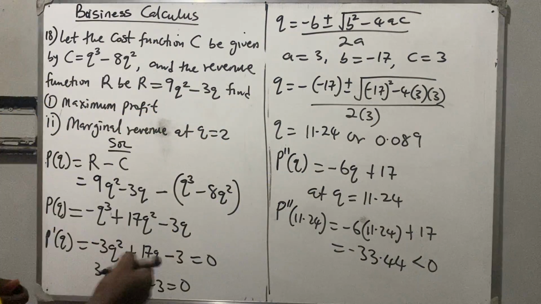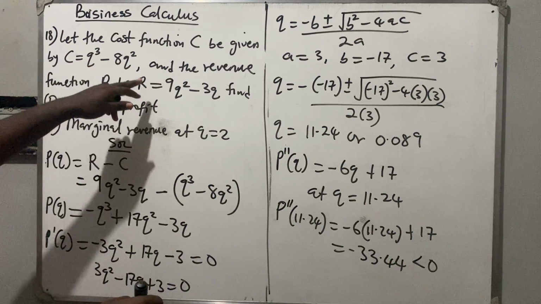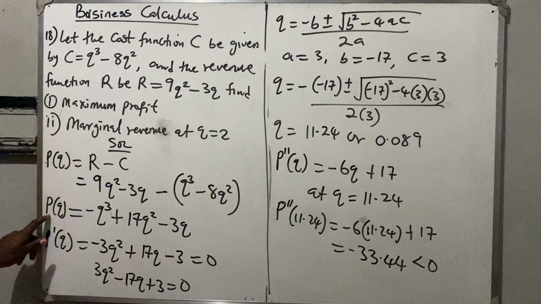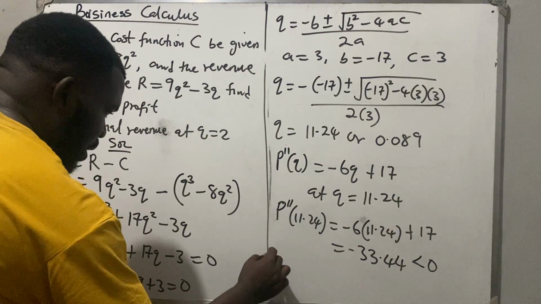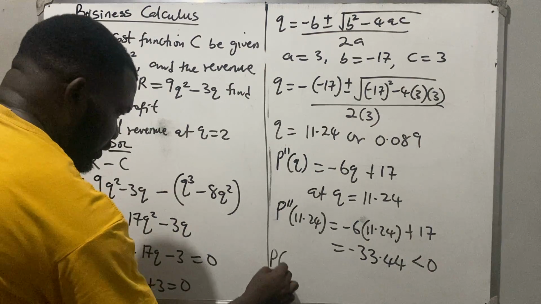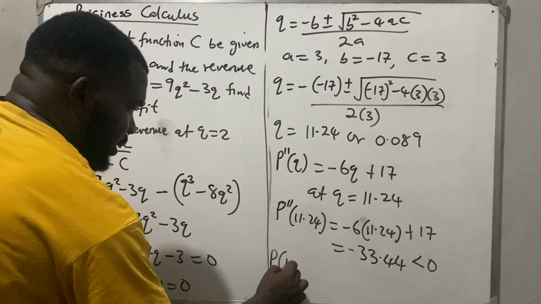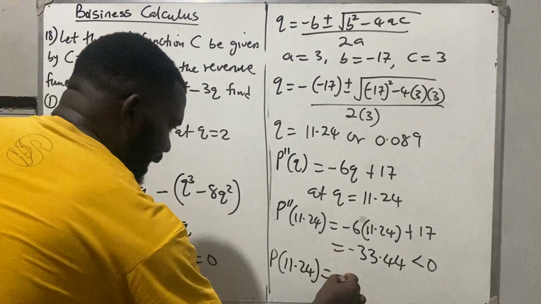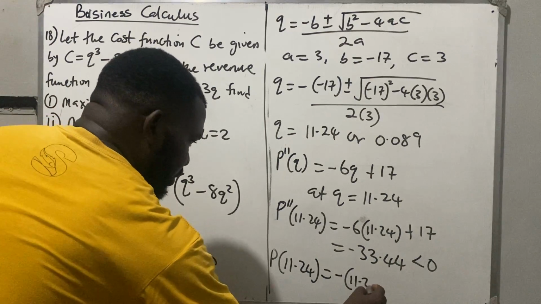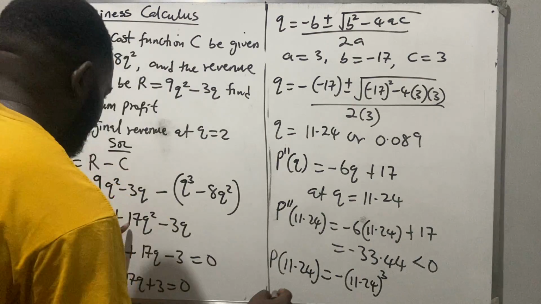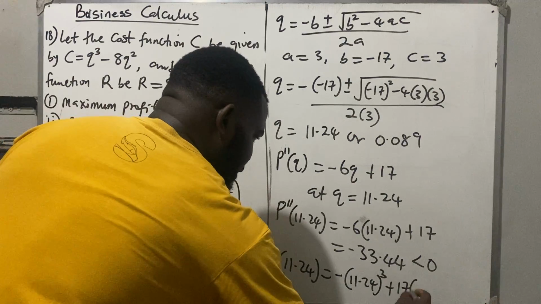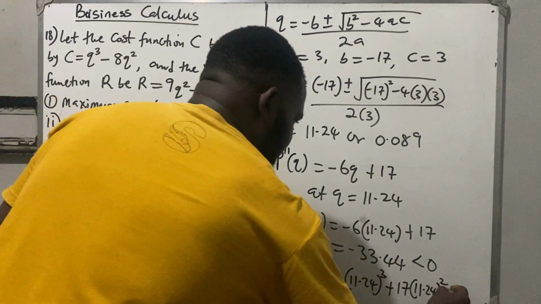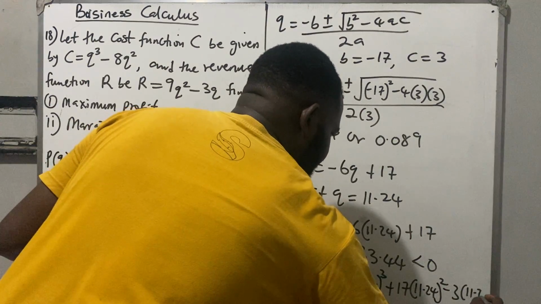Since this one is maximum, I will now put it in the profit equation. This is my profit equation. So the maximum profit will be P of 11.24, which is minus 11.24 raised to power 3, plus 17 into 11.24 raised to power 2, then minus 3 into 11.24.